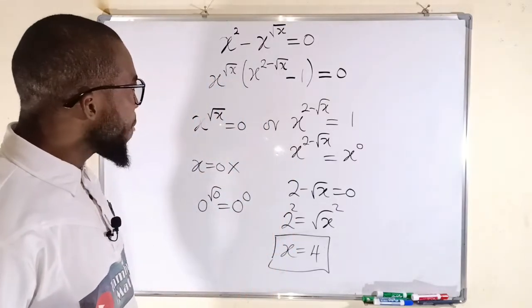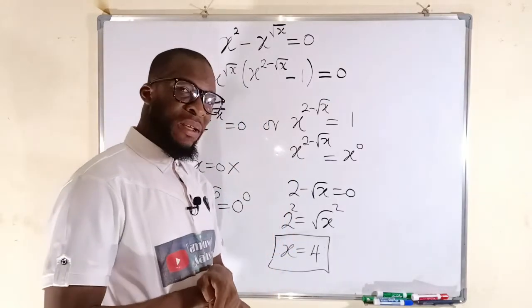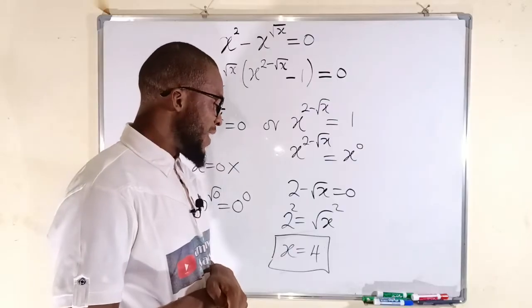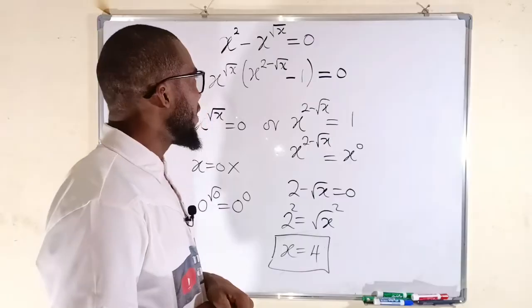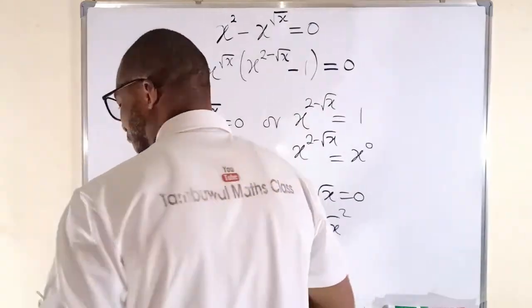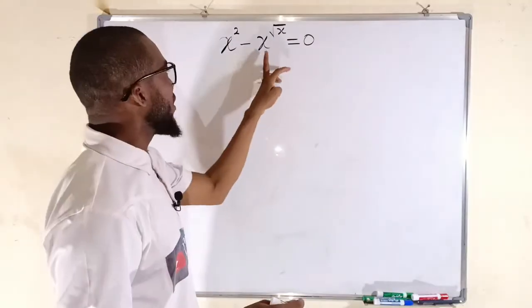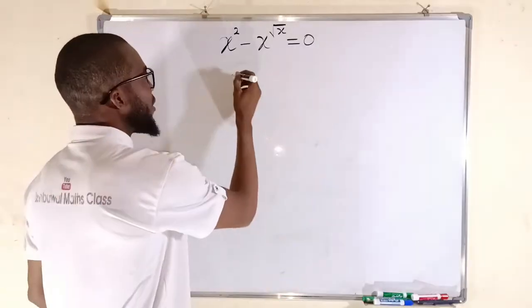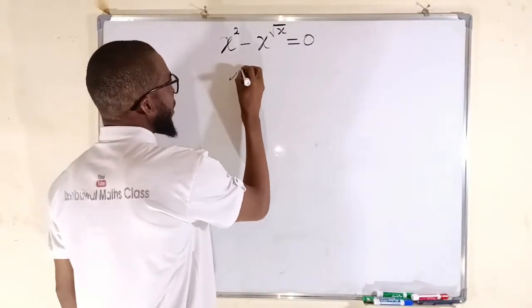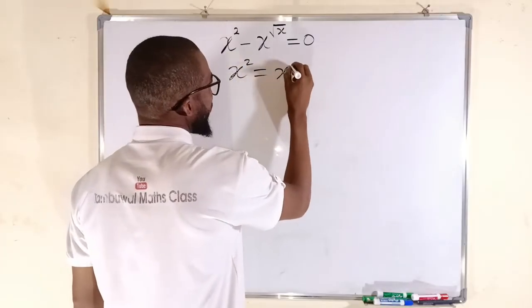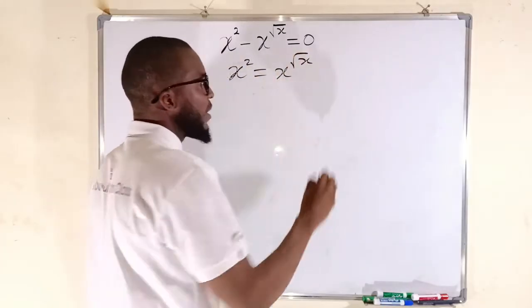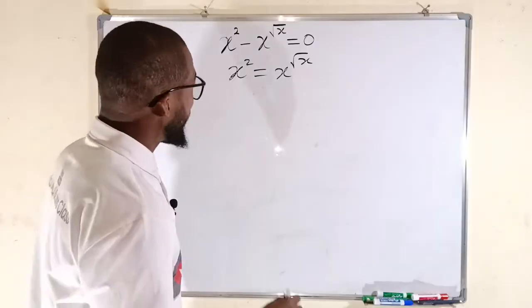But I told you 1 is also a solution. So why is it missing here? Let us apply logarithm in order to find the full solution to this problem. From here, we may decide to take this term to the other side, so that we have x squared equal to x raised to the power of the square root of x. And we can take log of both sides, right?